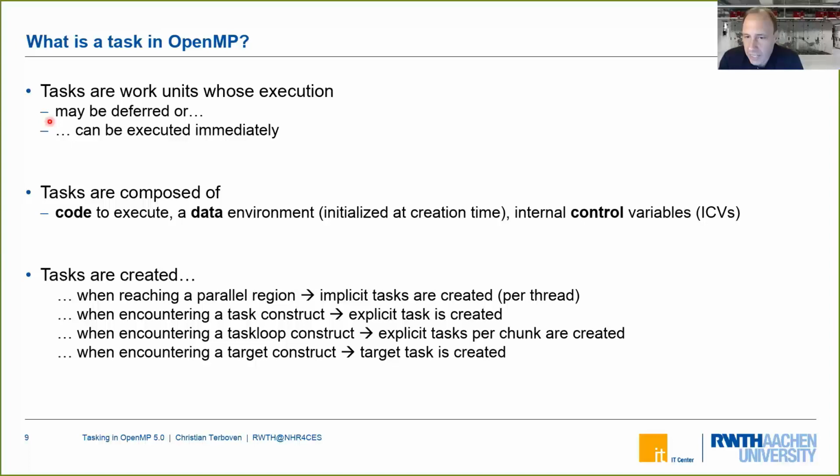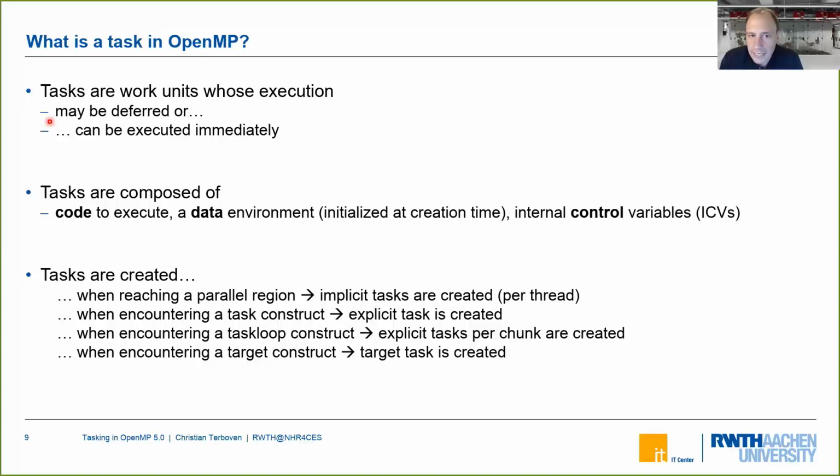And the data environment. This is a set of variables, for example, private variables that are part of the task, or references to shared data. And finally, some internal control variables. These are internal settings of the OpenMP runtime to define the behavior of the OpenMP program. So tasks are code, data, and these ICVs.